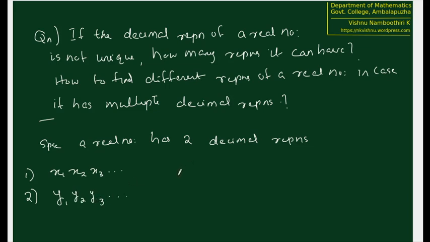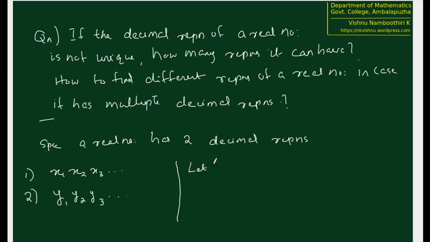Now it can happen that x1 and y1 are the same, x2 and y2 are the same, and the difference in the representation starts at x3 and therefore at y3. So we are going to look at the smallest n where the difference starts. Our next job is to find the smallest n where x_n and y_n start differing.